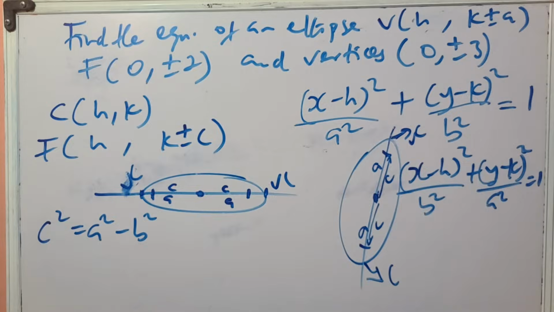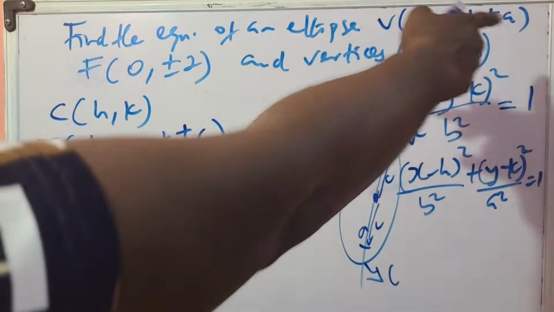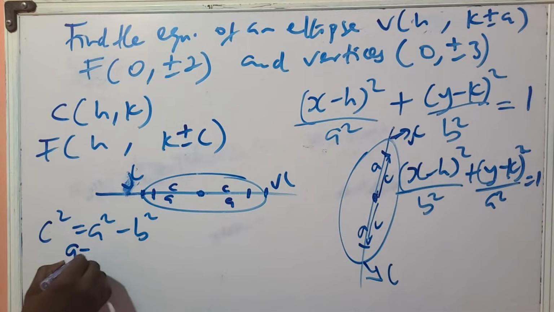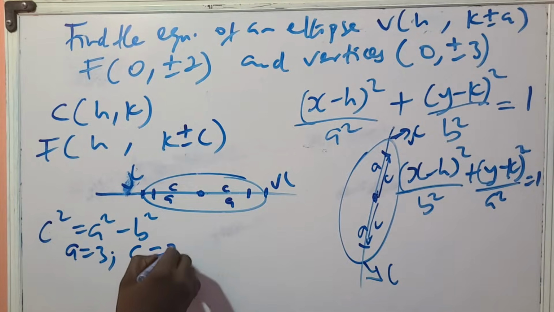This means that A is actually 3 and my C is actually 2. So from here, I can go on to find my B, which is also very important.